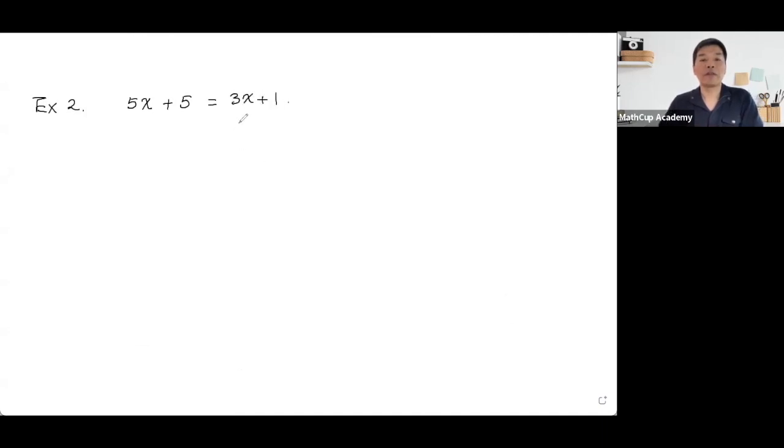Now, when you have more than one terms with a variable x, the goal is again, move all the terms with x to one side of the equation. Move all terms with variable to one side of the equation.